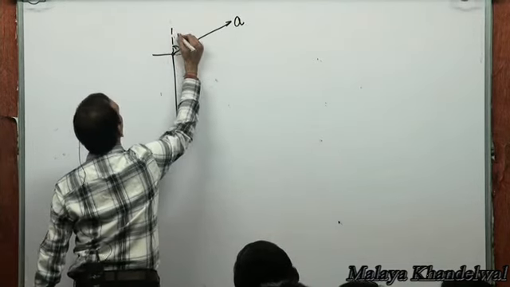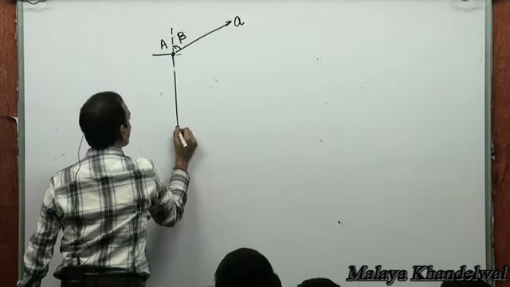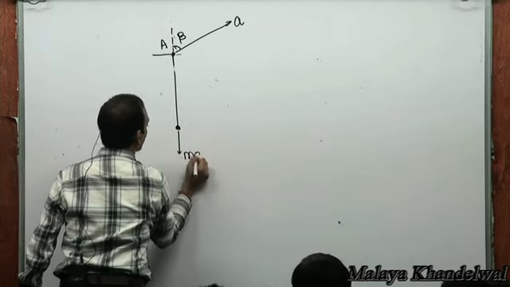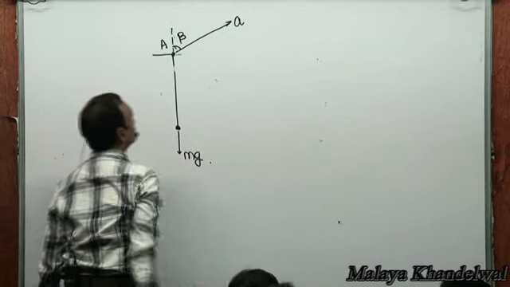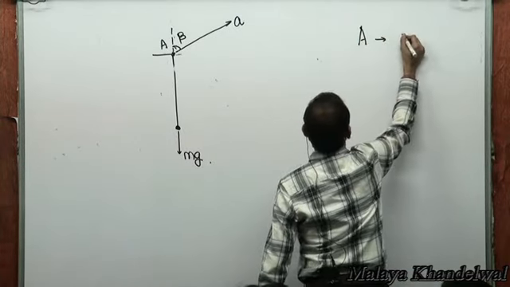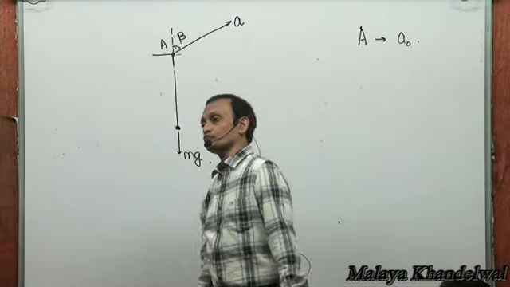Let's say this angle is beta. This is the bob of mass m, and there is mg acting downwards.